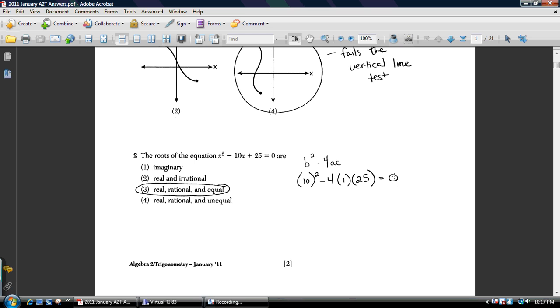And if you had gotten a number that you could take the square root of, like 4, 16, 9, or 25, then you get real, rational, and unequal. This equation is in the quadratic formula. This is the stuff underneath the square root.